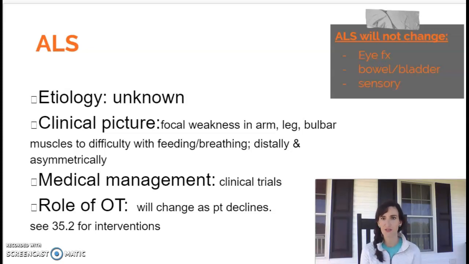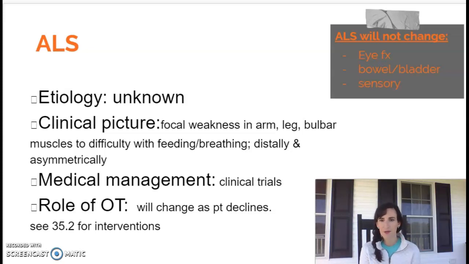Okay, so moving on into what ALS kind of presents as. We said the etiology is unknown. The clinical picture, though, is kind of strange. It's not going to follow a certain pattern per se, but the clinical picture is going to look like focal weakness. So not a generalized weakness, but maybe a point weakness in the arm, leg, bulbar muscles.